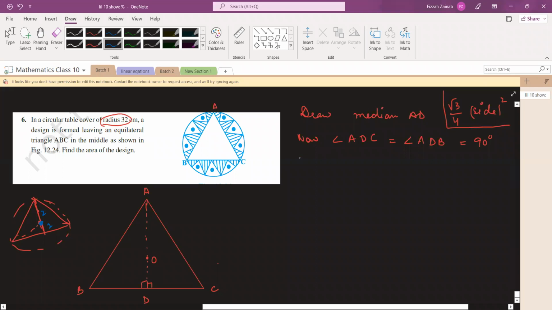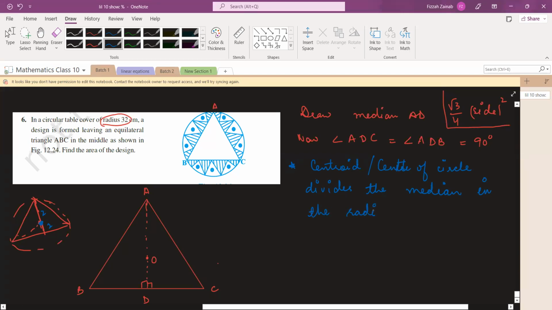So we use this property. Centroid, or you can call it center of the circle also, same thing. The center of the circle divides the median in the ratio.